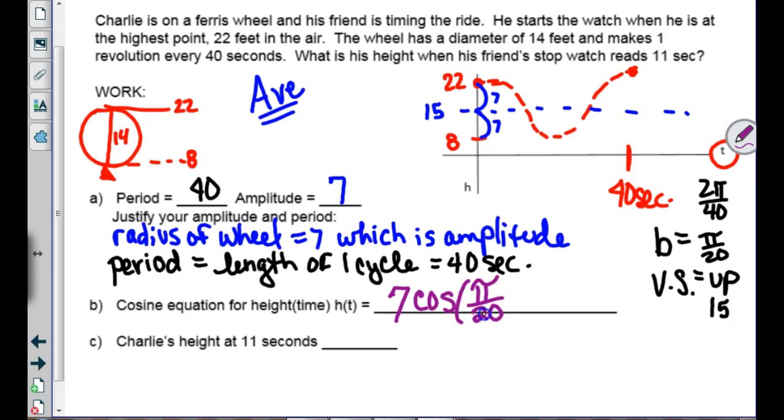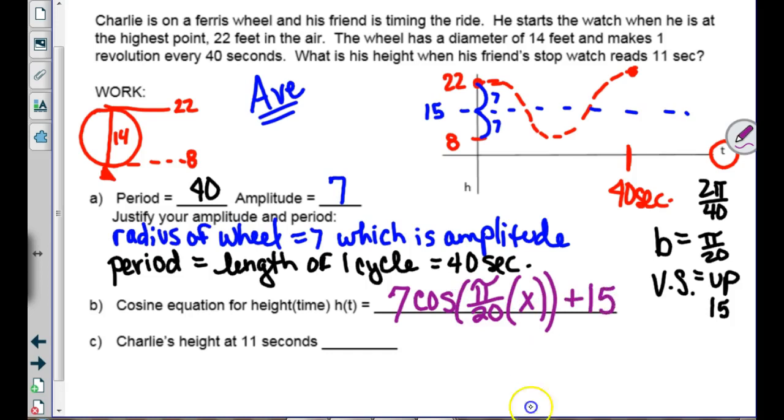And because you're going to have to type this into your calculator in a minute, you have to have those parentheses when you type it in, so I would write them down. There is no phase shift, so you really could leave off the inside parentheses, but you got to have the one here. It's going to come up on your calculator anyway. And then the vertical shift of 15.